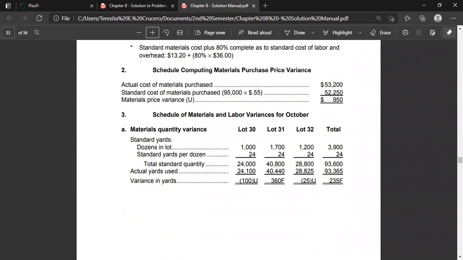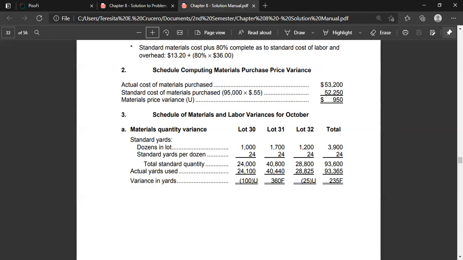Then we deduct the standard cost of materials purchased, by multiplying 95,000 yards by the standard of 0.55 based on the problem. So the standard cost of materials purchased is 95,000 multiplied by 0.55.